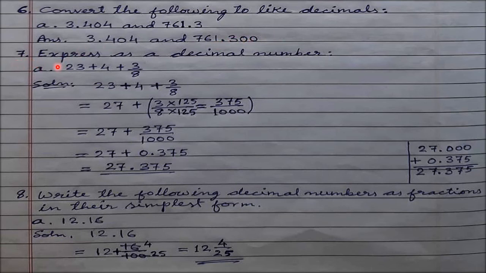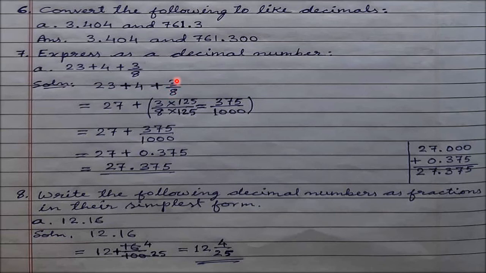Number 7, express as a decimal number. So the first one, 23 plus 4 plus 3 by 8. So we know 23 plus 4 will be 27, and then 3 by 8. Now 3 by 8 is a fraction, but we have to make it a decimal fraction.